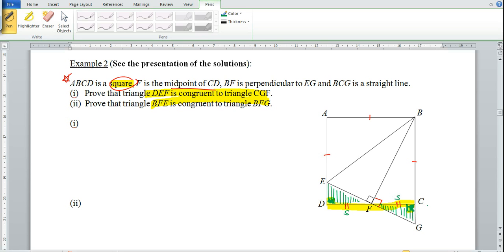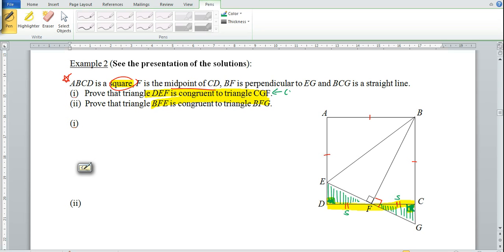So since this is about right angle, now we are going to decide whether this EF and FG, this hypotenuse, are they directly given in the question that they are the same? Look at the question again. Okay, the answer is no. Okay, I cannot use the hypotenuse because this is not given.